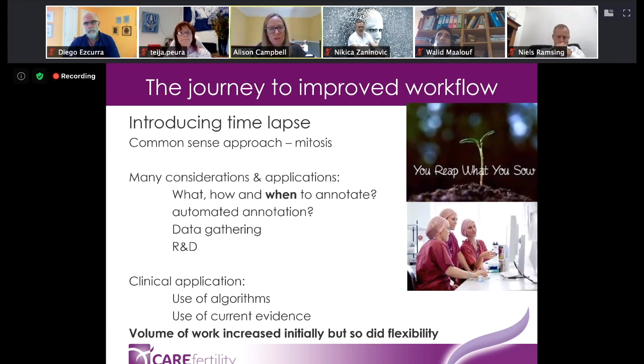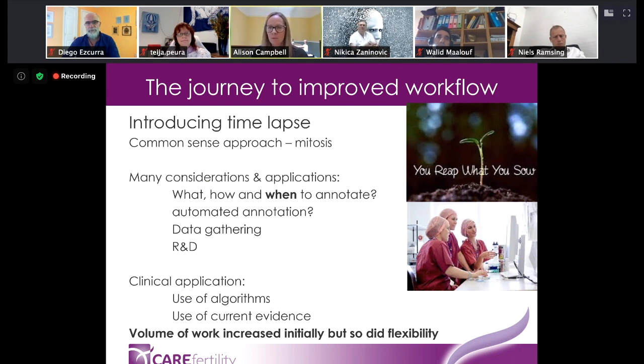So when we first introduced time-lapse back in 2011, we took quite a common sense approach. We didn't have the benefit that people have now of all the literature, all the textbooks, all these presentations. So we had to think, well, what do we expect to see from these photos that are being taken every 5 or 10 minutes? And how do we annotate them and how do we respond to them?